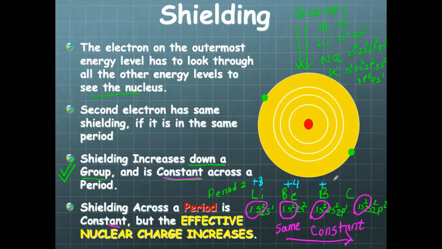Boron has +5, that means 5 protons in the nucleus, and carbon has 6 protons in the nucleus. So as we move across this period, we see that the charge on the nucleus is increasing. The hold of the nucleus on its electrons is increasing, and the shielding effect is constant. So that's what it means.